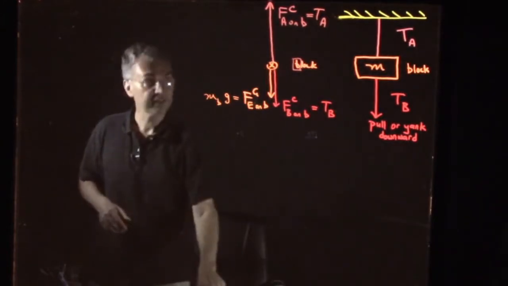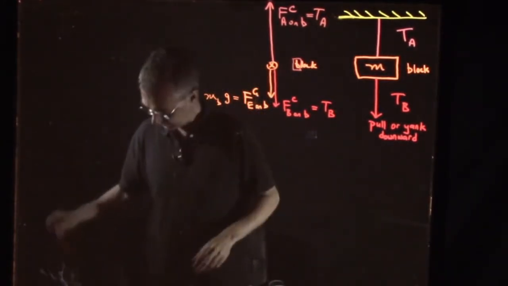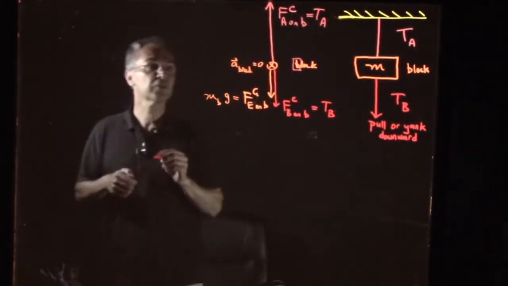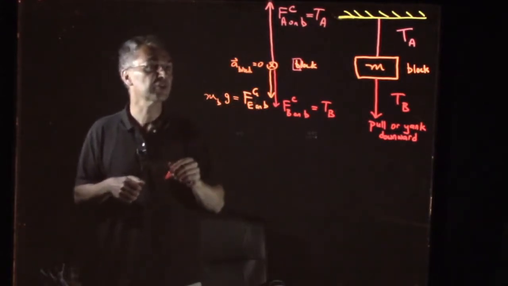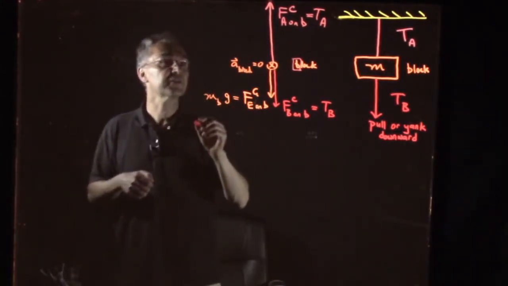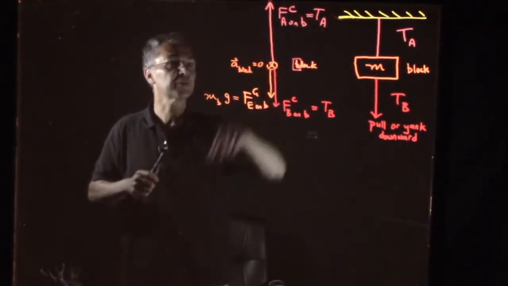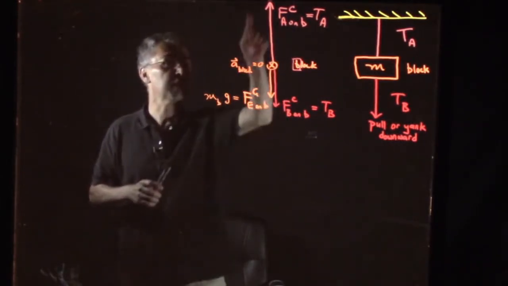And then we can say that the acceleration of the block is 0. If the acceleration of the block is 0, then Newton's second law says mass of the block times 0 equals the vector sum of all the forces on the block. So we'll do up minus down.